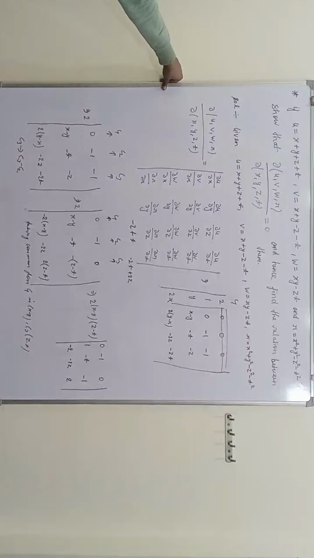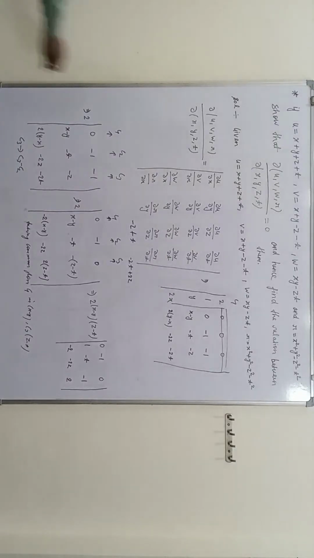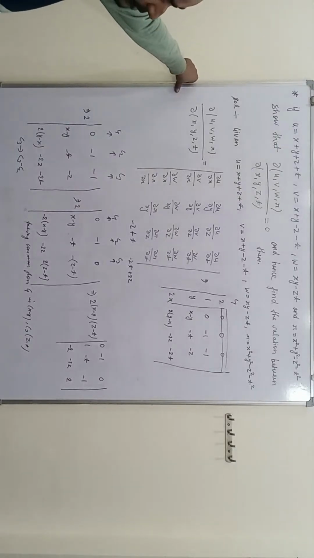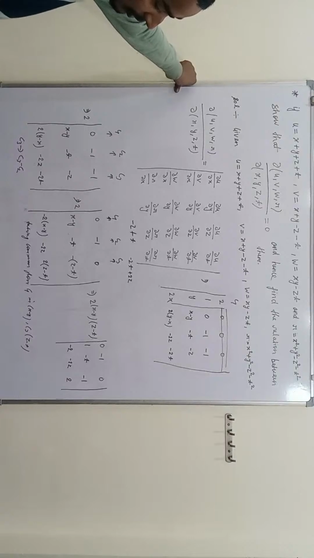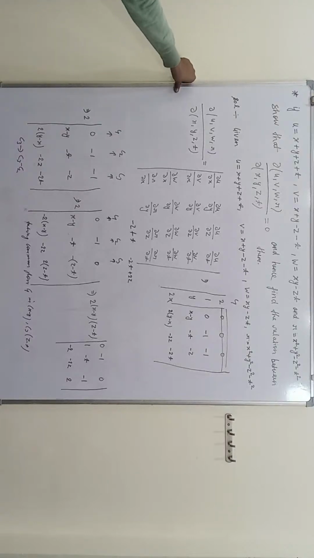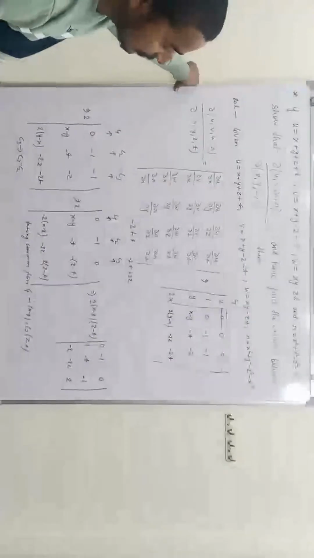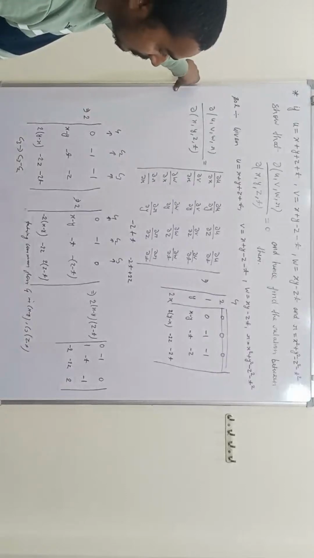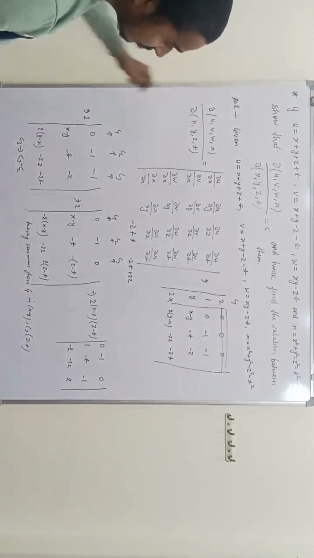Once again minus of 2, then 0, 0 minus of 1 and 0, 1, t is missing here, x minus of y, minus of 2t, t minus of z, z minus of t.